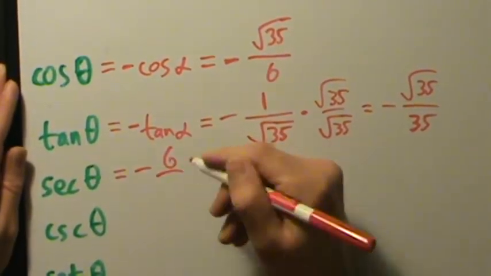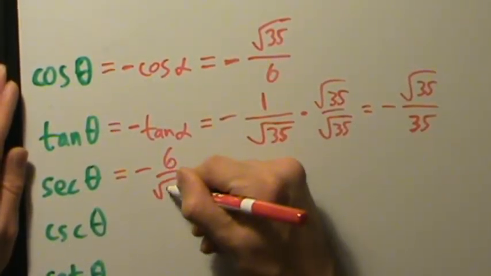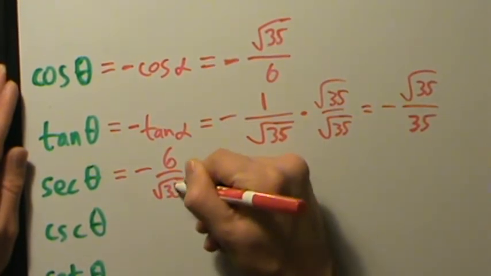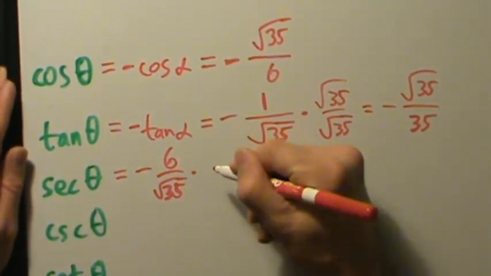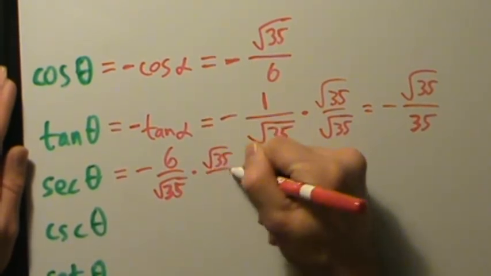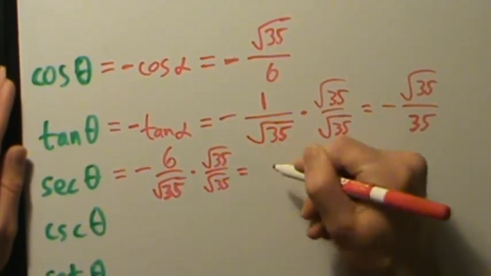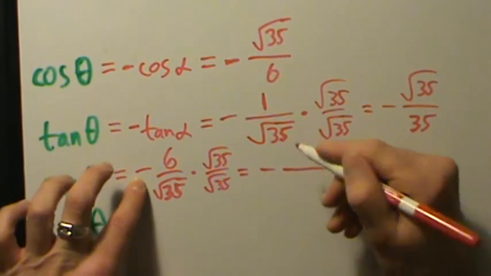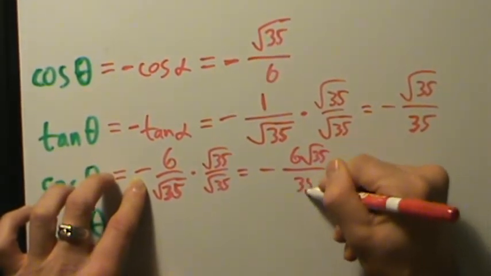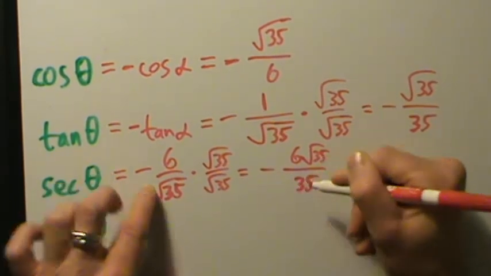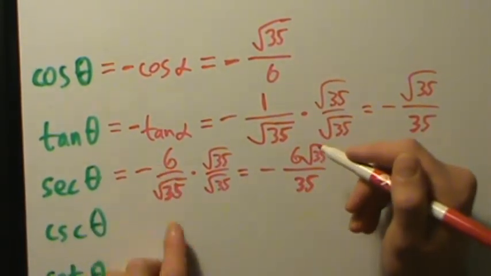Secant of theta is negative 6 over root 35. Or if you insist on rationalizing the denominator, multiply by root 35 over root 35, keep the negative, and you'll get negative 6 root 35 over 35. Again, I don't believe that's more simplified than negative 6 over root 35.